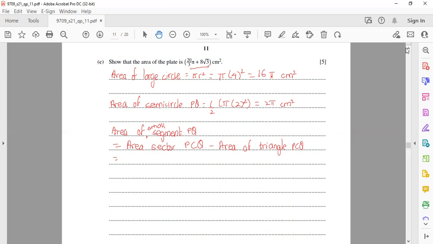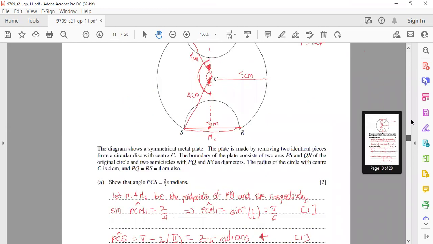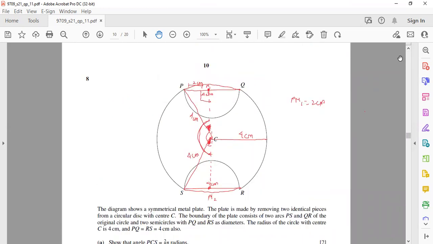So the area of the sector PCQ will be half r squared theta, which is 2 times pi by 6. Okay, it's twice the angle that we found for the right angle triangle.